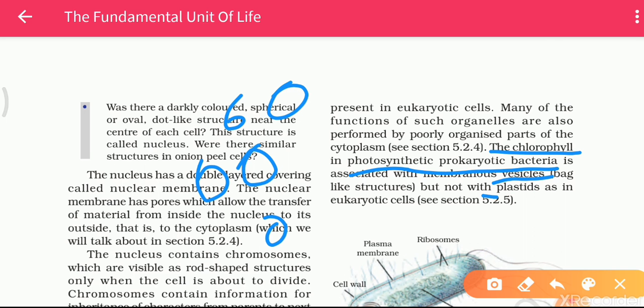But plastids are not present. I will explain plastids in later topics. Only chlorophyll is present in the prokaryotic bacteria.